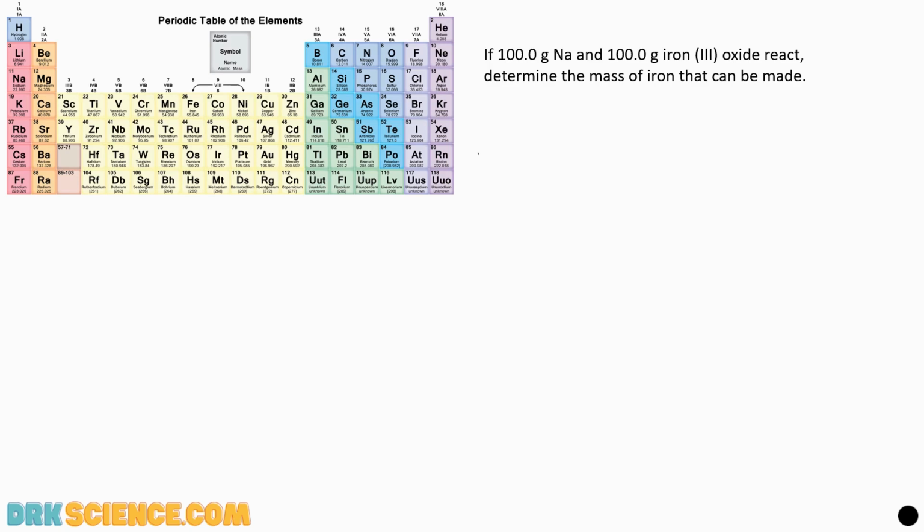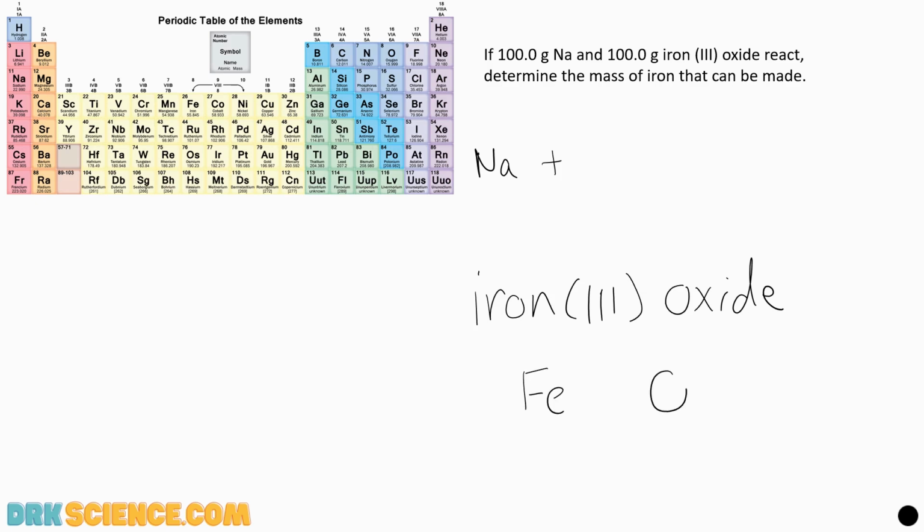We have sodium, so Na, and it reacts with iron(III) oxide. We need to determine what the formula for iron(III) oxide is. I'm going to write it down here. We know our elements are going to be Fe and O. This 3 Roman numeral tells us that this is 3+.